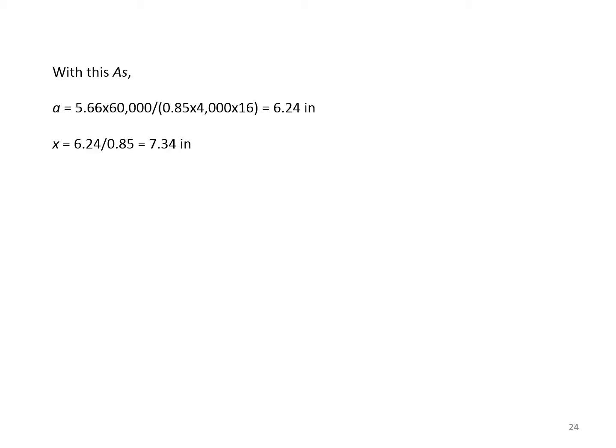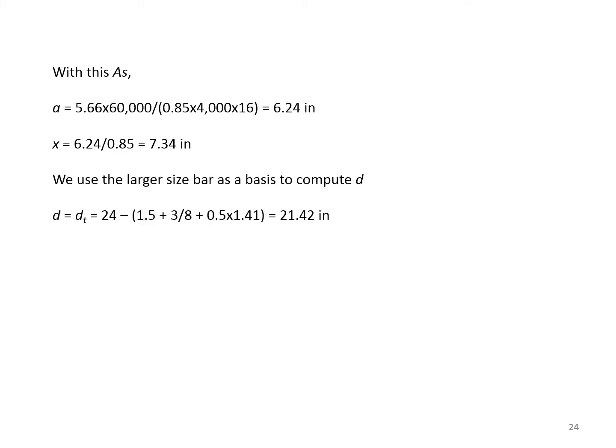With this As, we can compute the value of a. Remember the equation for a. The answer is 6.24 inches, and the corresponding x would be a divided by beta 1, 7.34 inches. Usually, if we have mix of bars, we use a larger size bar to compute d.